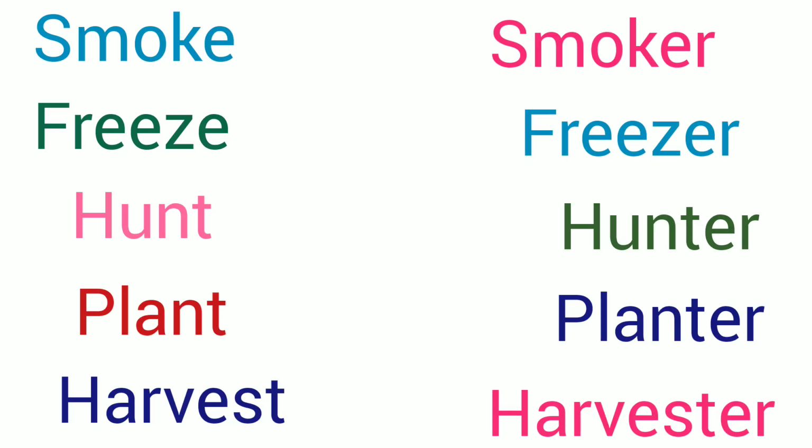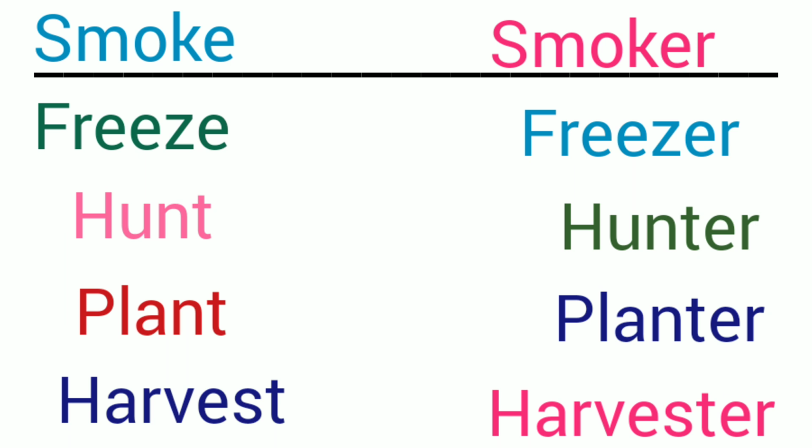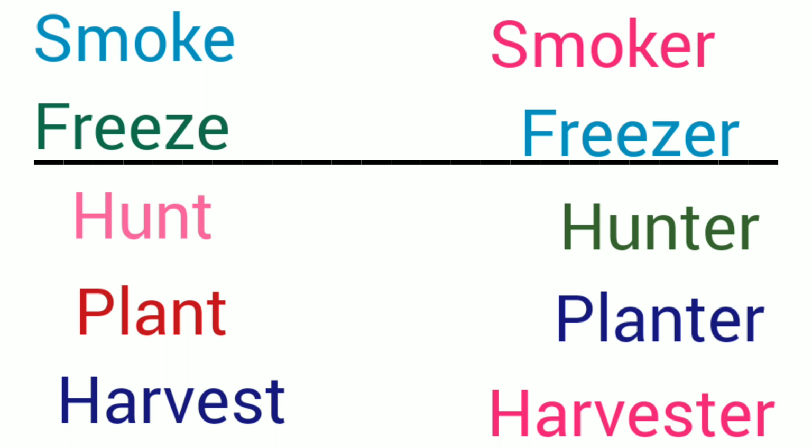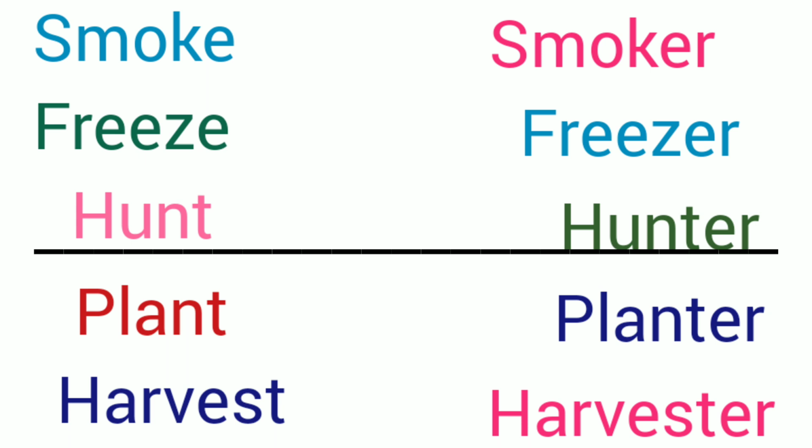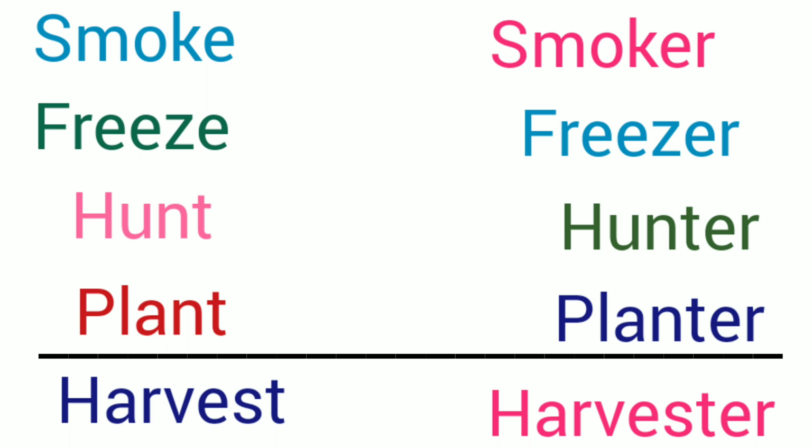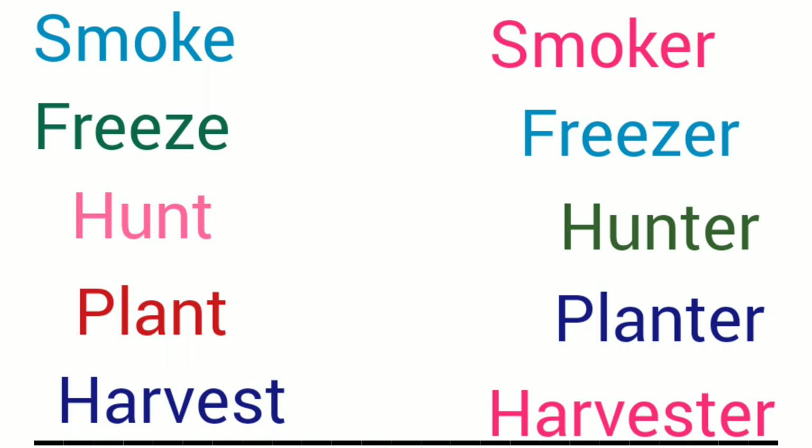And for the last on the list, we have smoke is to smoker. A smoker smokes. We have freeze, freezer. Freezer is to freeze. We have hunt. A hunter is to hunt. We have plant. A planter is to plant. We have harvester.